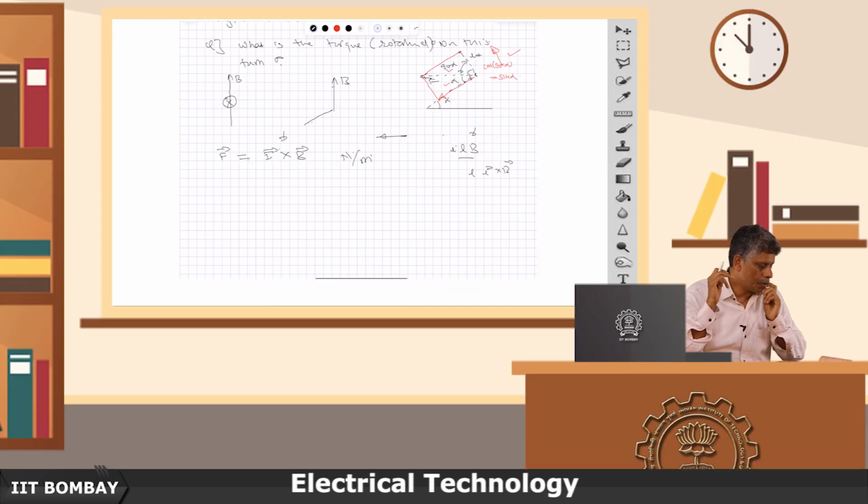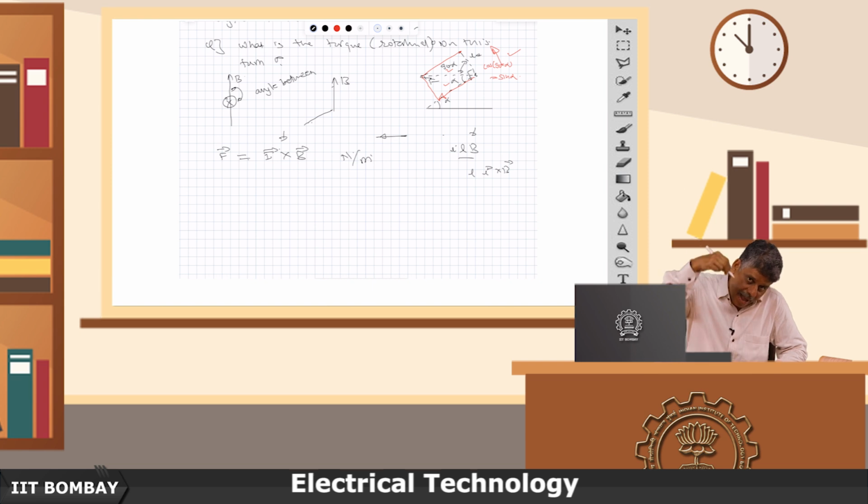Okay. So now, in the cross product, what is the angle between I, which is directed inwards, and B, which is directed on the plane of paper? It is actually 90 degrees.